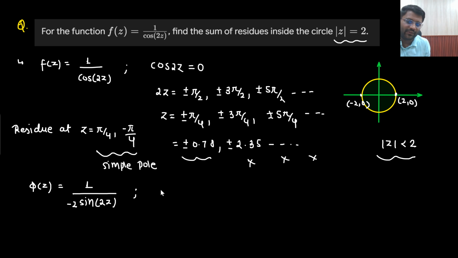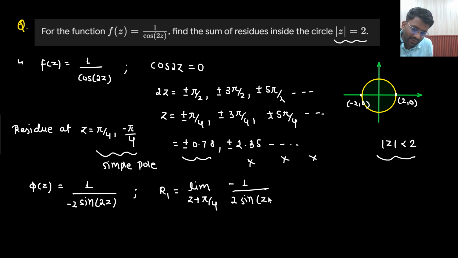You need to find the residue at z tending to pi by 4. So limit z tending to pi by 4, and in phi of z you put the value, minus 1 by 2 sine 2z. If you put pi by 4 here, sine pi by 2 will be 1 only. So the answer is minus 1 by 2.